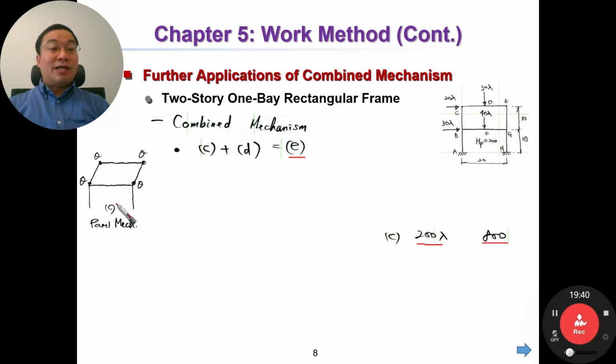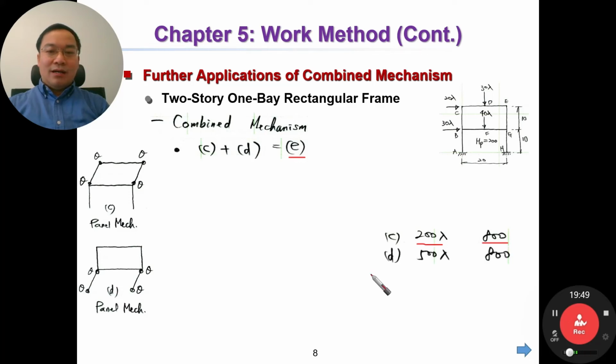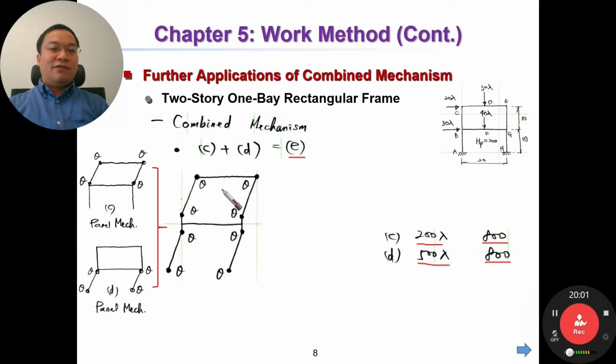And mechanism D, with this mechanism D we already have external work and internal work. Now we combine C and D together. Then we have mechanism E.